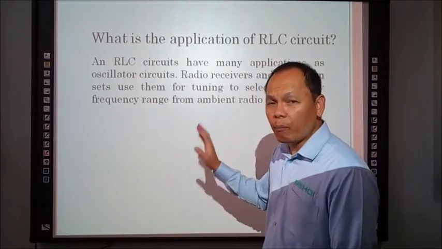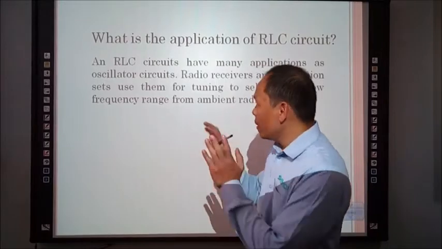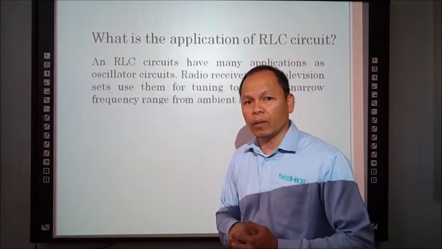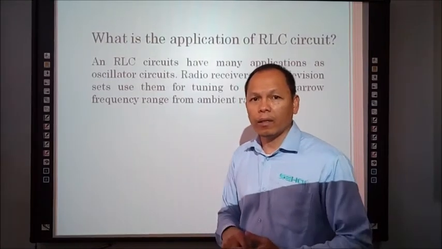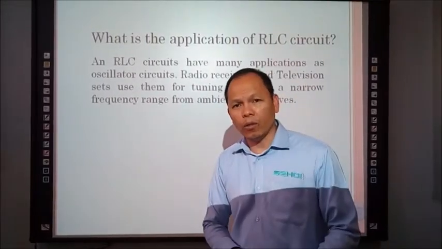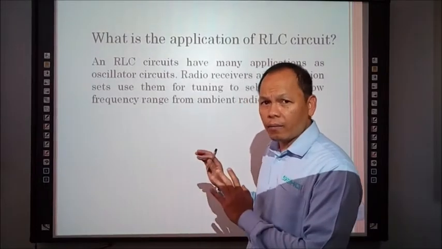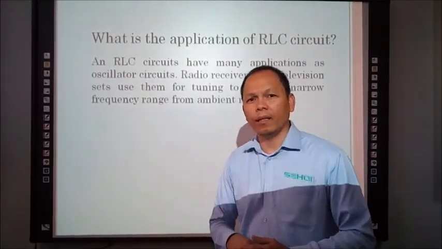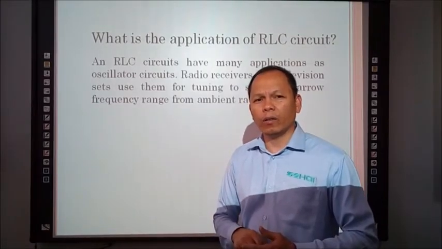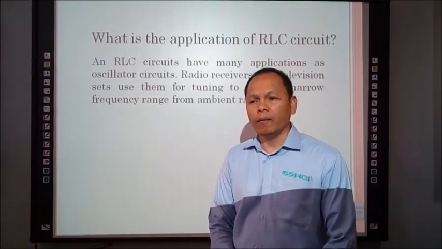So you can find this circuit inside the radio receiver or television receiver. You can also find this circuit inside your cell phone. That is why RLC circuits are very important in electronic circuits, and in all electronic appliances or gadgets.